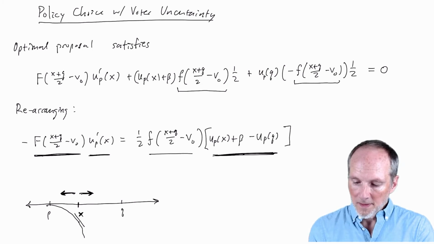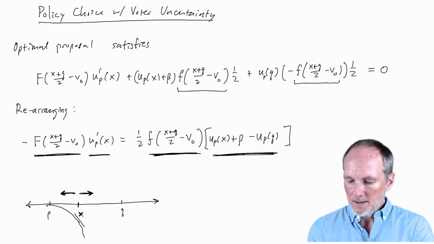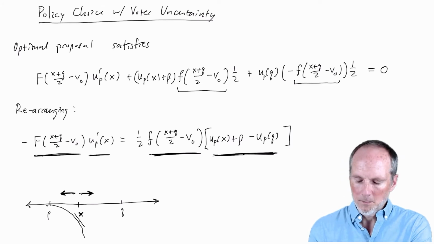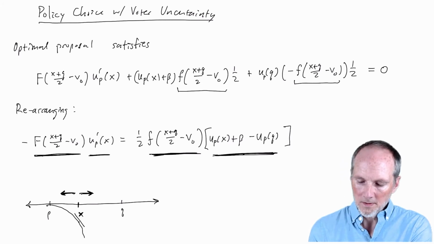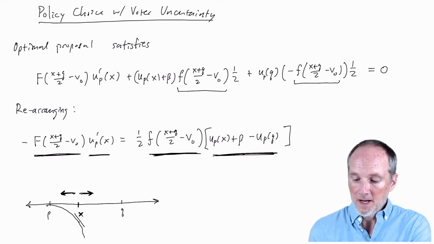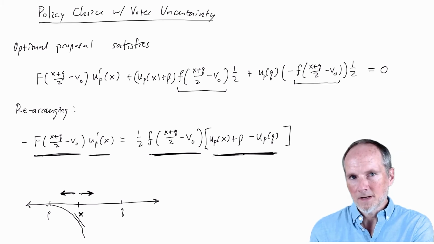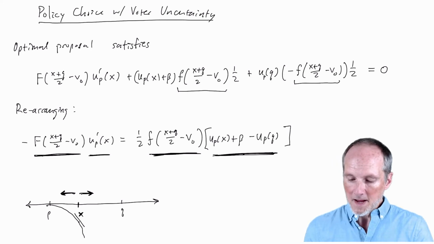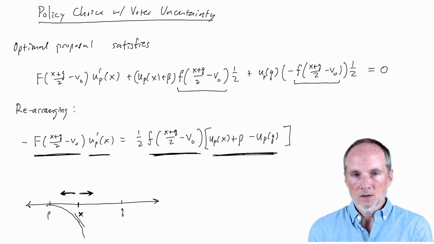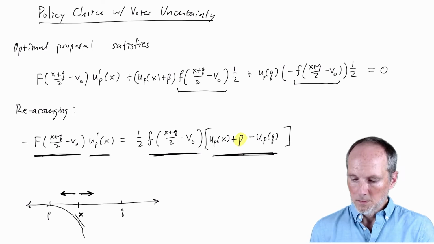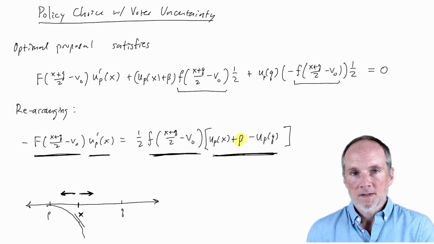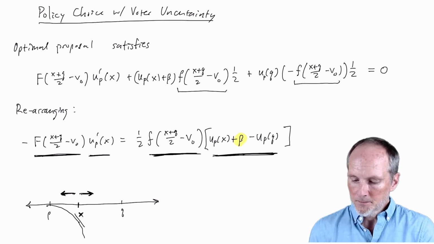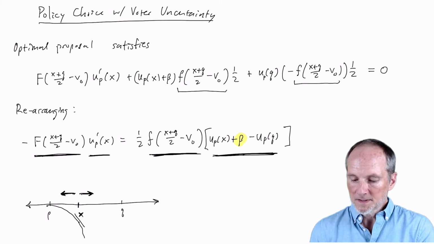That is multiplied by the density evaluated at the midpoint minus the structural ideal point. This is measuring the likelihood that you actually change the voter's mind by pushing in a little bit. And the first order condition is saying that those two things have to be balanced. So that's how calculus can be used to get some insight into this kind of decision problem and illustrate this balancing of incentives.